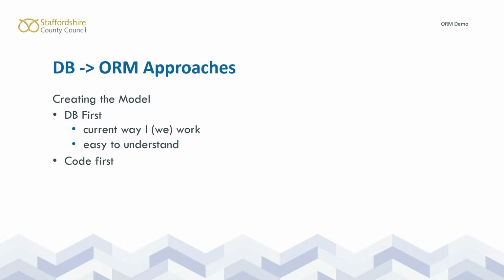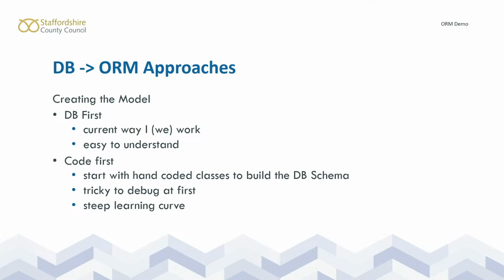But you've also got the code first, where you hand code the entities and the DB schemas, the relationships, and then migrate those to the database, and it builds a database for you. But it's tricky to debug, and there's a hell of a steep learning curve. But either way is valid.